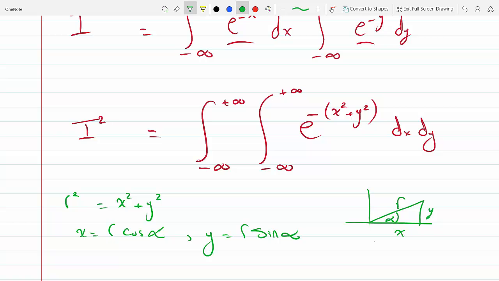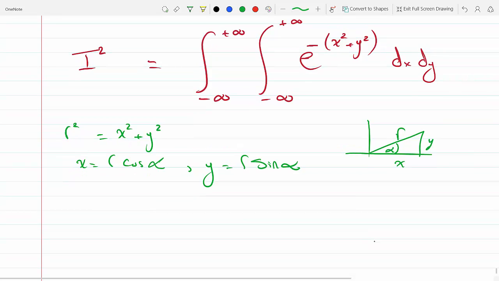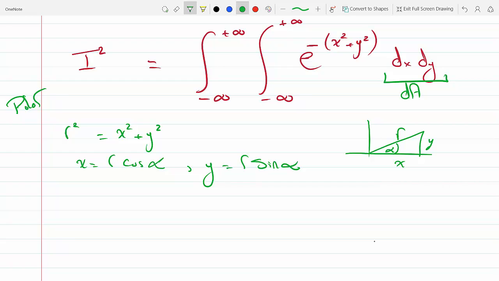So I'll do a coordinate transformation from x and y to r and alpha. So this is basically dA in Cartesian coordinates. Now here I'm switching to polar coordinates to evaluate this double integral.